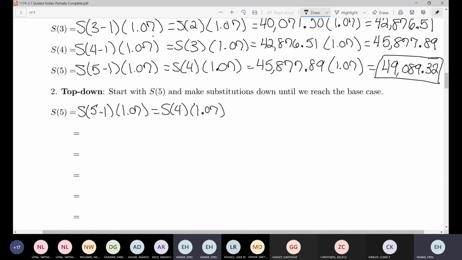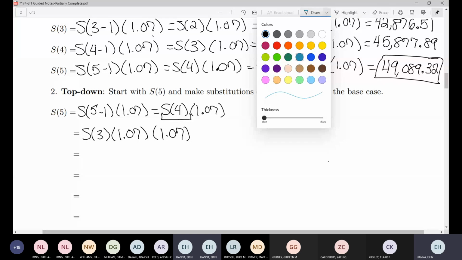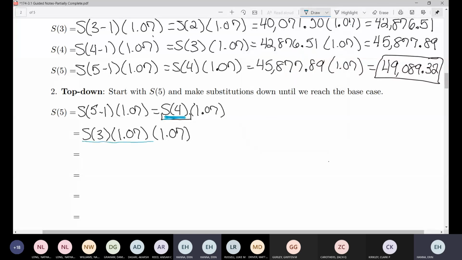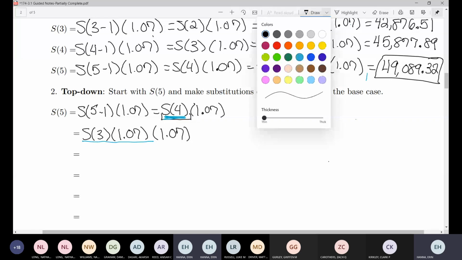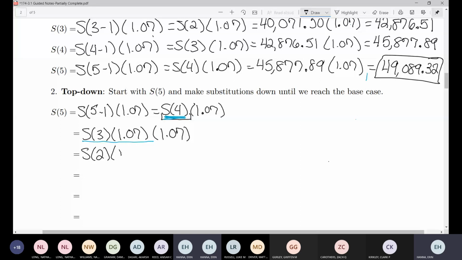But essentially then, I can take this and write that as S of 3 times 1.07. But then I still have that extra 1.07. So let me get some colors up in here. So S of 4 becomes this S of 3 times 1.07. And then it keeps going down until you get to the thing that you actually know the value of. So we could keep rewriting that S of whatever. So S of 3 would become S of 2 times 1.07. But then we still have those two 1.07s that were still there.